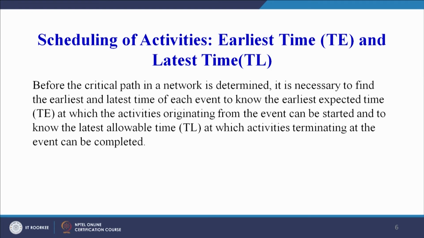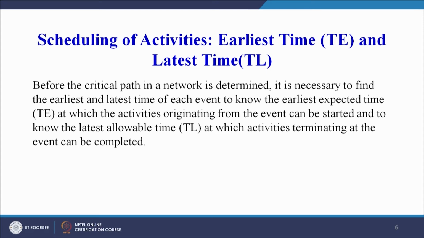Once the network is ready, it is necessary to find the earliest and latest time of each event, to know the earliest expected time at which the activities originating from the event can be started, and to know the latest allowable time by which the activities terminating at the event can be completed.